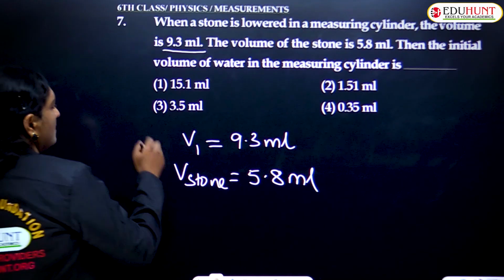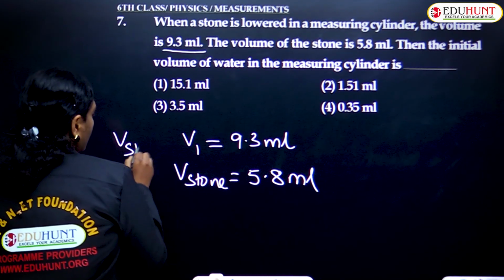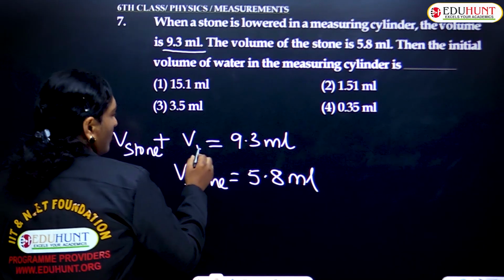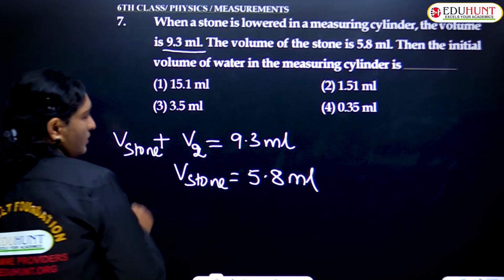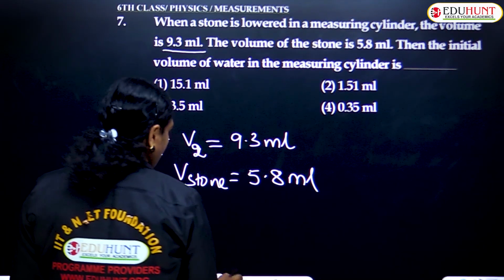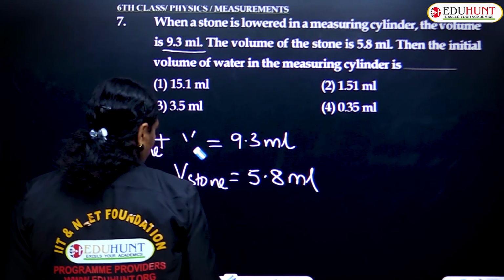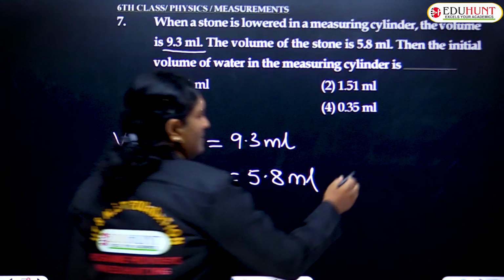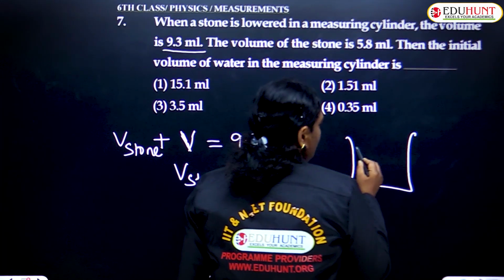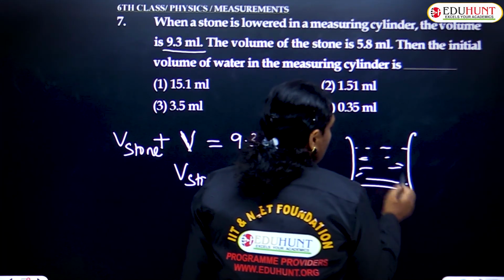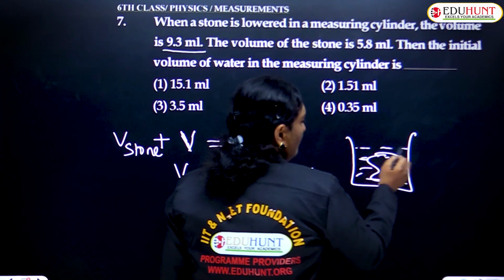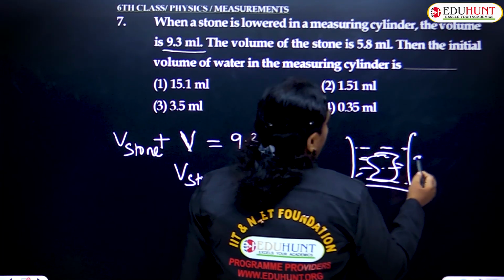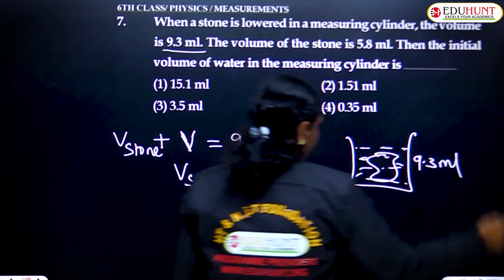The stone along with the liquid gives the total volume, given as 9.3 ml.